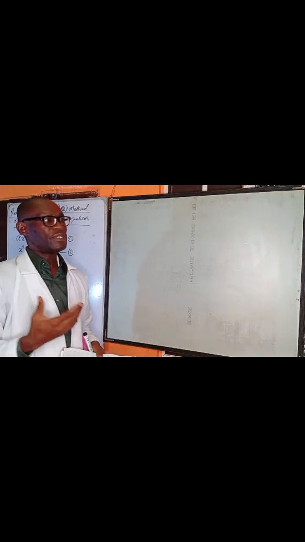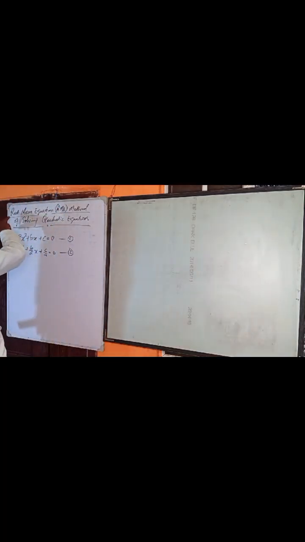Now, what do we mean by the root mean equation method for solving quadratic equations? We simply mean the average of the roots. Mean is the same thing as average. A quadratic equation will always have two roots; if it is only one, then that particular root is repeated.